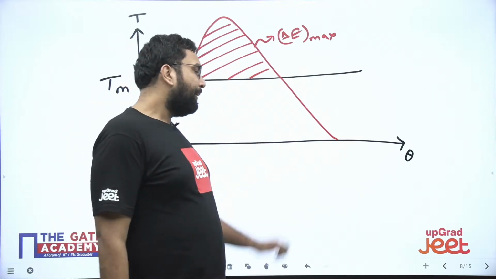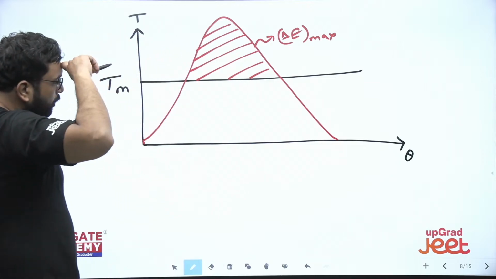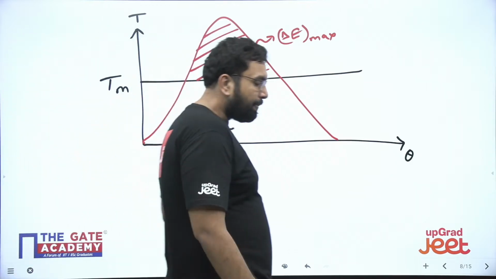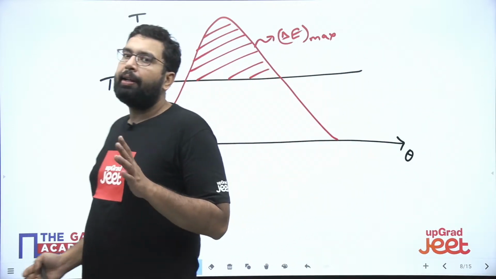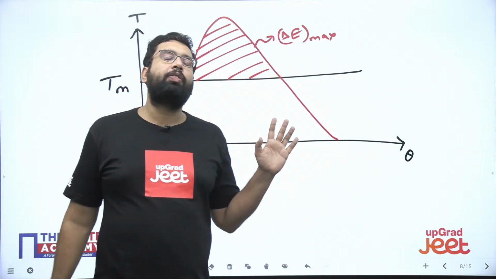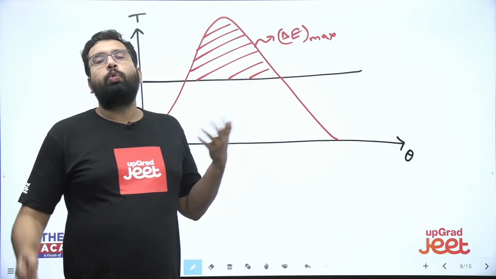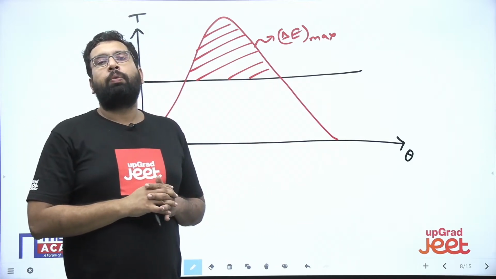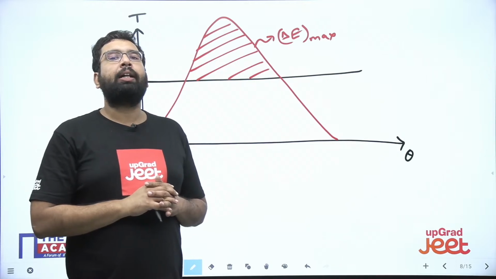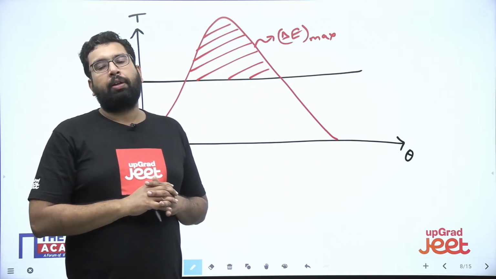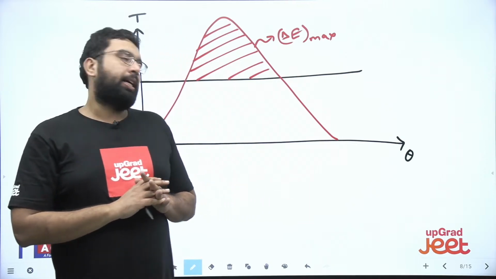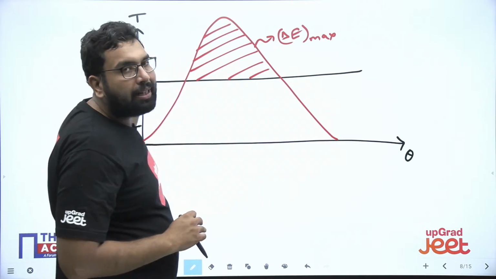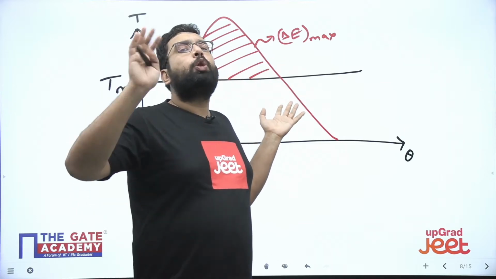Now, if you want to find delta E max mathematically, you are finding the area in these kinds of questions. What is the synonym of area mathematically? That is integration. The only way you can find it is by integration, but you see that this is the area above or maybe below the T mean line.